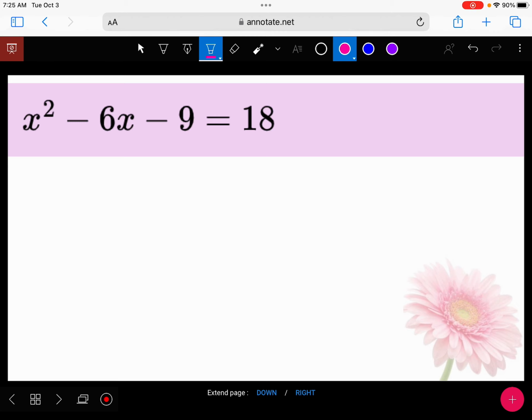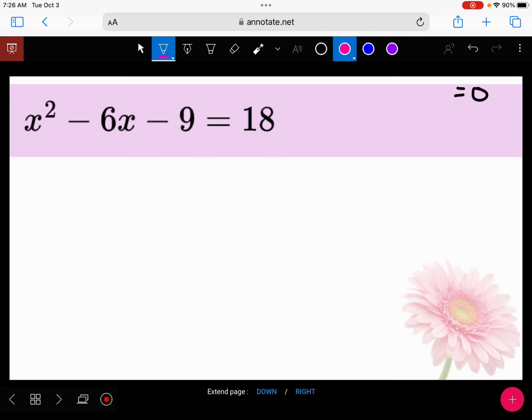Our first step with solving a quadratic is we need to set it equal to 0. What do we do to make it equal 0? Subtract 18. So we're going to have x squared minus 6x minus 27 equals 0.